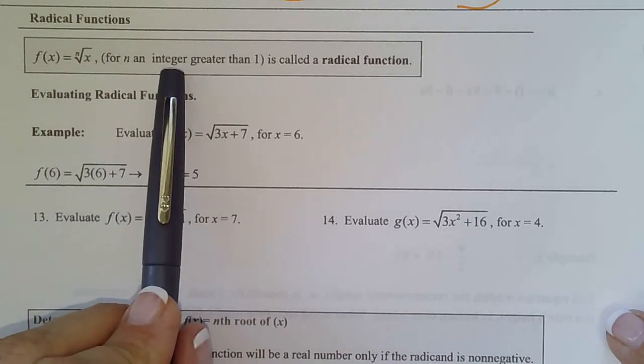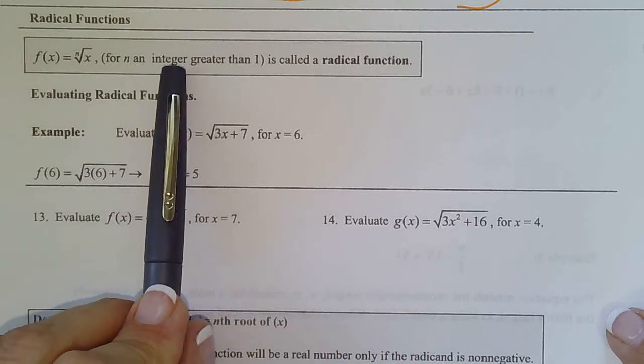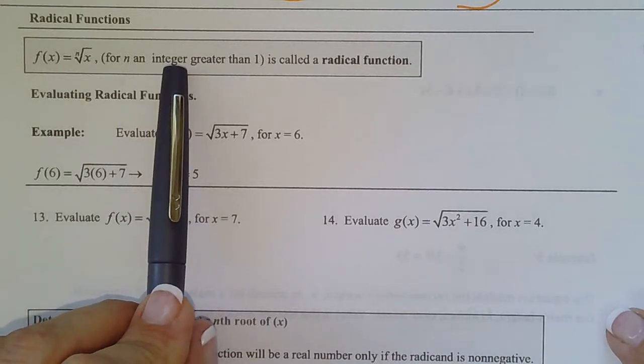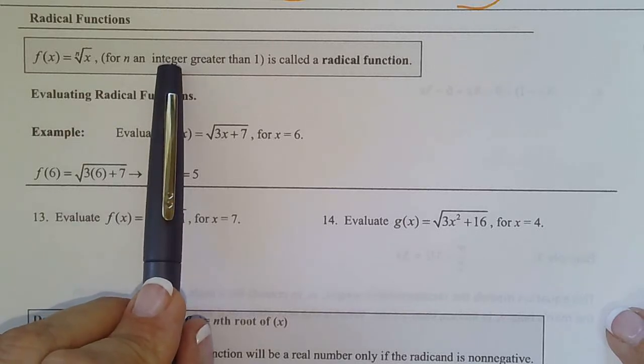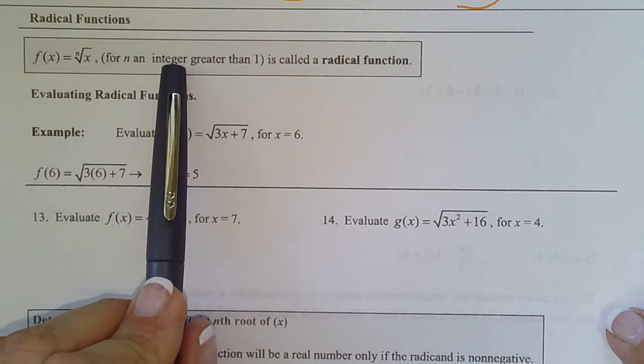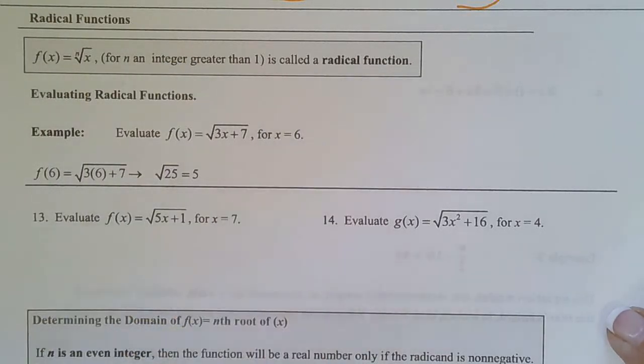And it has to be an integer, which means it can't be a fraction or a decimal. It's a whole number, positive or negative. So that's what integers are. 0, plus 1, minus 1, plus 2, minus 2. Those are integers. So no fractions, no decimals, but it could be negatives. And that's called a radical function.